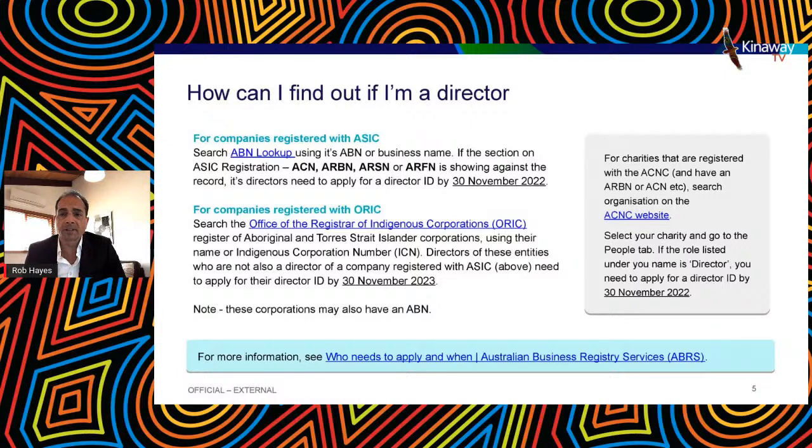The ABN Lookup service is a register that provides the details of ABN registrations and the individuals or entities behind those registrations. It also provides the details of ASIC registrations, either an ACN, Australian Company Number, an ARBN, Australian Registered Body Number, or other entities, and the directors of those entities were required to apply for a director ID by the 30th of November 2022.